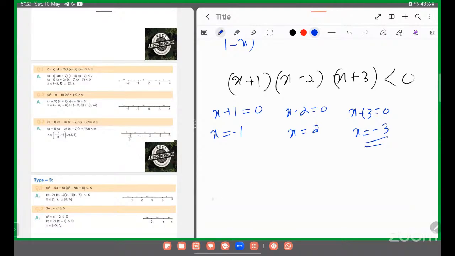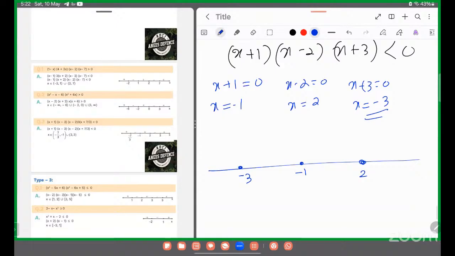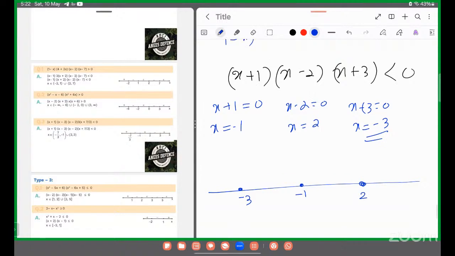So we can plot them on the number line. The biggest one is 2, then minus 1, then minus 3. If we plot the graph and consider any value greater than 2, what is the value of the expression?